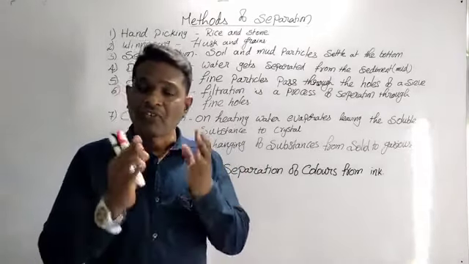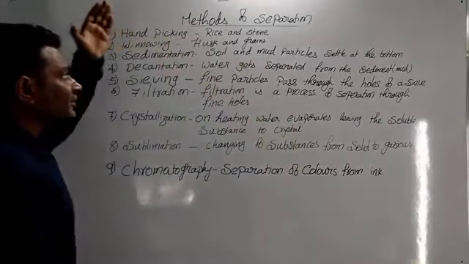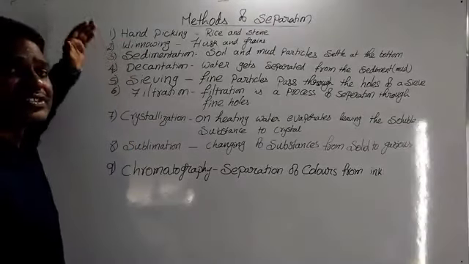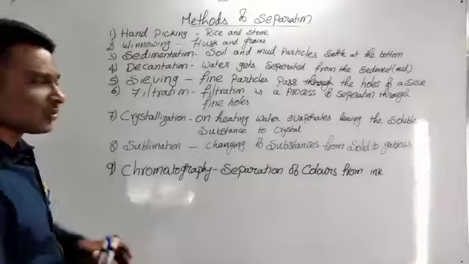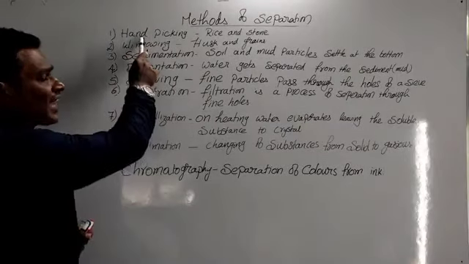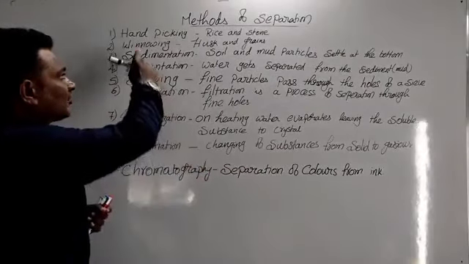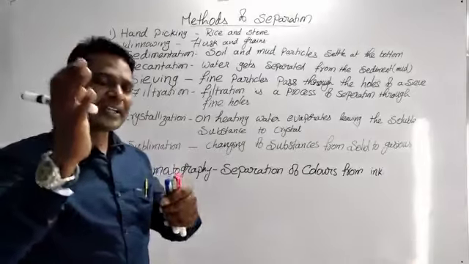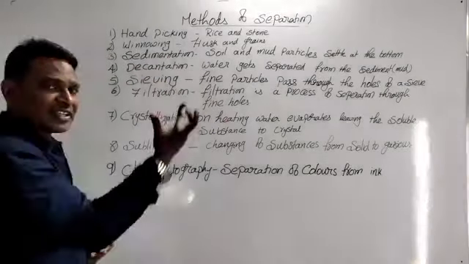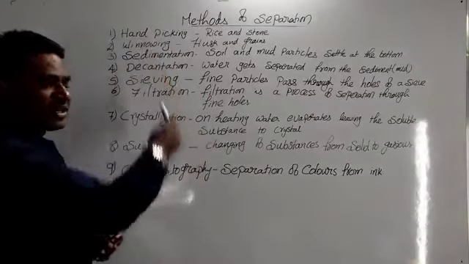For this separation, we have different types of separating methods. For example, hand picking: with the help of the hand you separate that. Winnowing: with the help of a pan and the wind they are separated. Sedimentation: the heavier particles reach the bottom, this is called sedimentation.